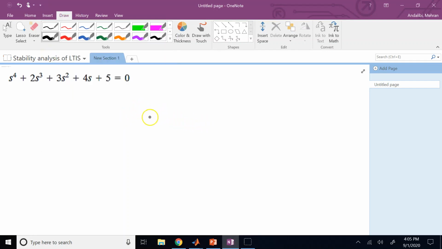So what we do is we form the table. We start with the highest power s to the 4, then we go s3, s squared, s to the 1, and s to the 0. So our table should have basically 5 rows.